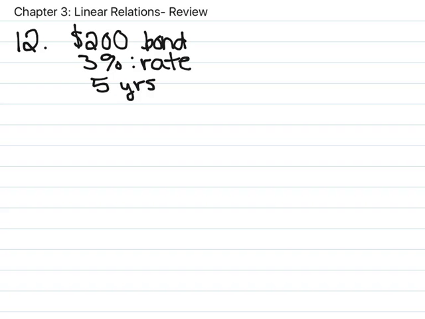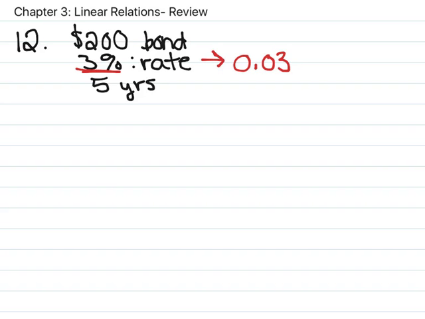Right off the bat, I see that there's a percentage here. Very rarely do we ever work with percentages, and we definitely don't in this case. So I'm going to switch it to a decimal, so that's the same as 0.03.